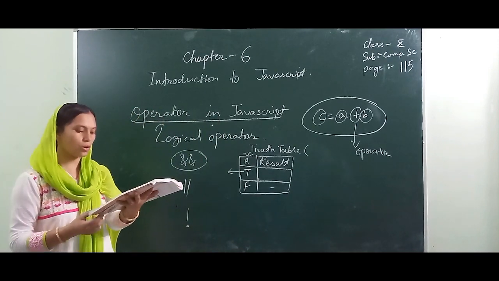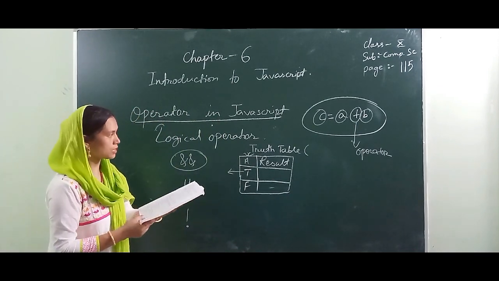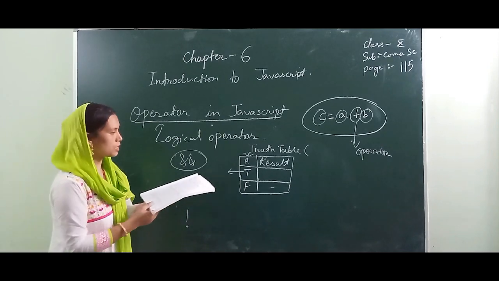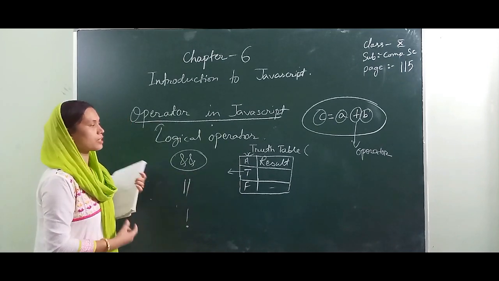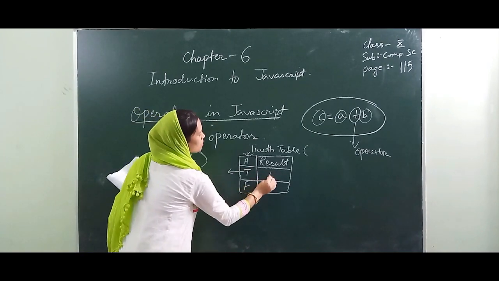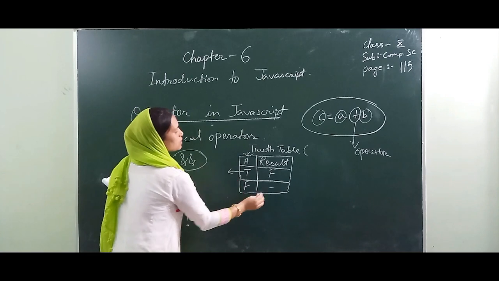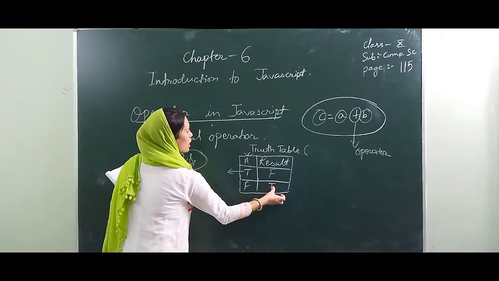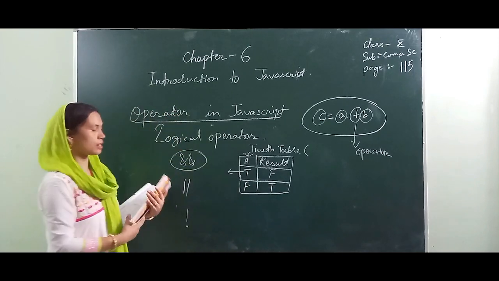Alright, NOT operator will work on a single operand, and the result will be the opposite of the given value. That is, if it is true, then the result will be false, and if false, the result will be true. So in this manner, the NOT operator will work on a variable.